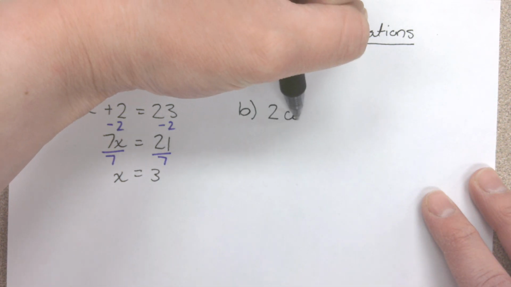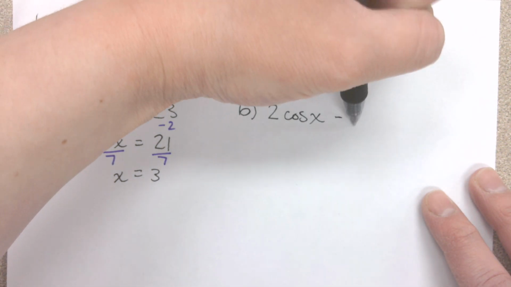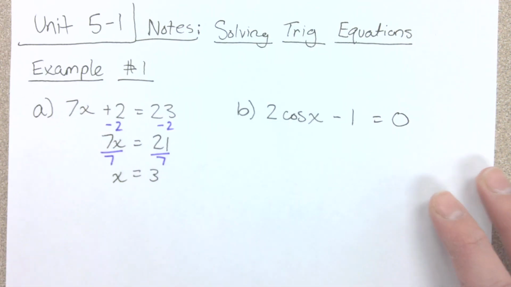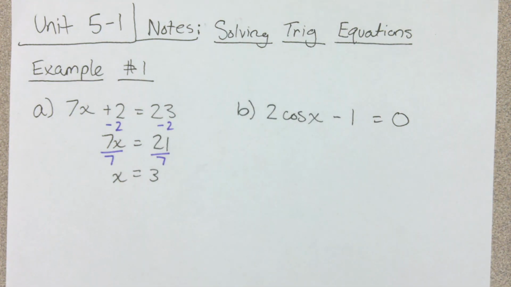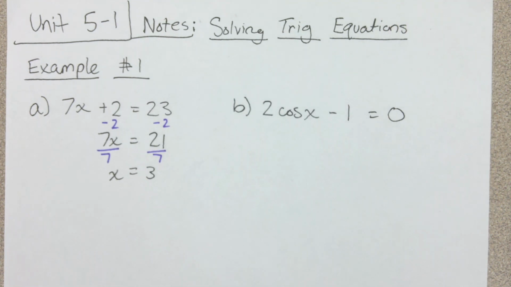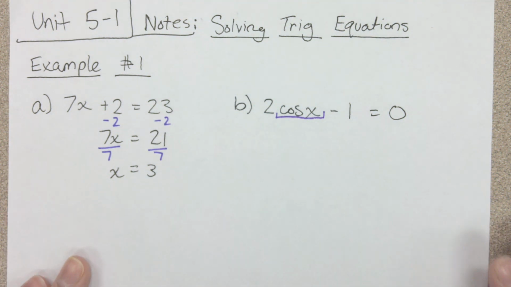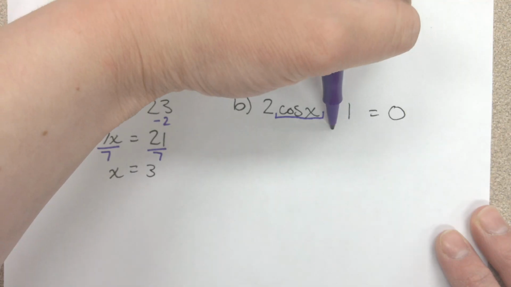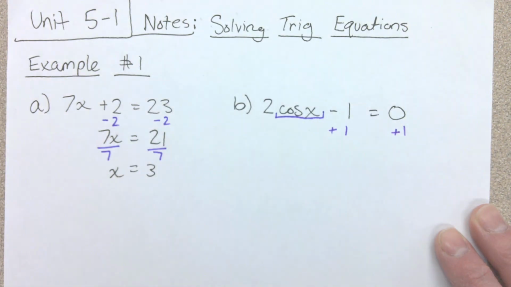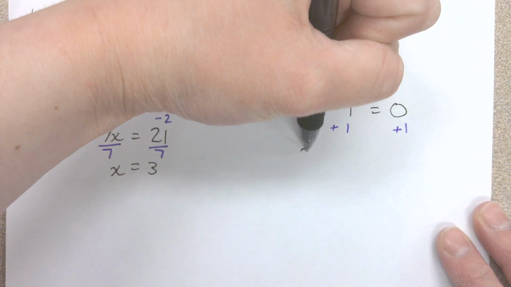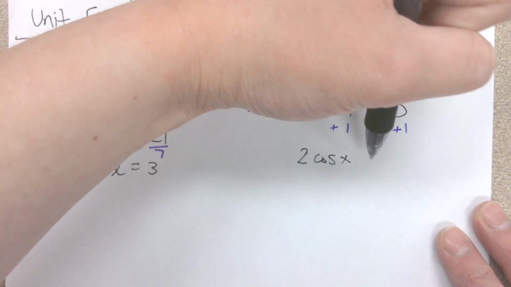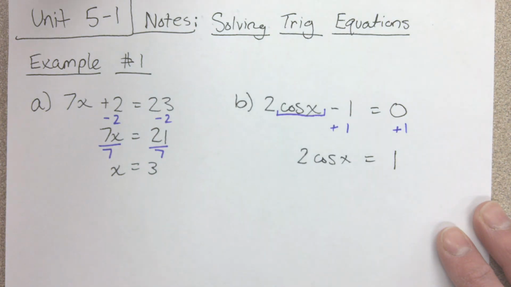2 cosine of x minus 1 is equal to 0. Your initial goal is to get the cosine of x by itself. So to do that, we need to move the 1 over. 2 cosine of x is equal to 1.